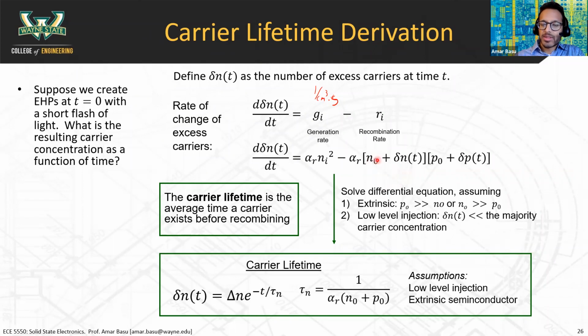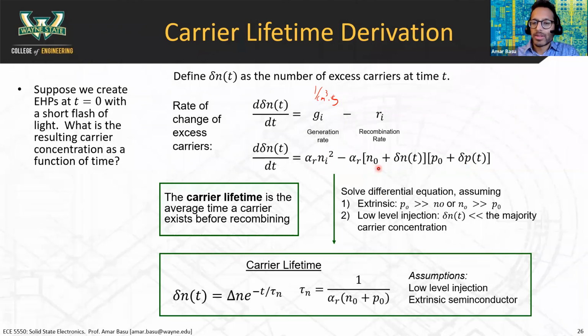So the electron concentration is now n0 plus Δn. The hole concentration is p0 plus Δp. So the fact that we have these excess carriers is going to increase the recombination rate. The generation rate is still the same as the steady state generation, but the recombination rate is dependent on the excess carrier concentration here.